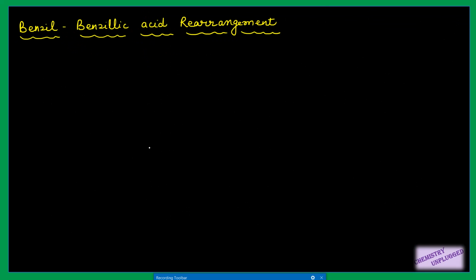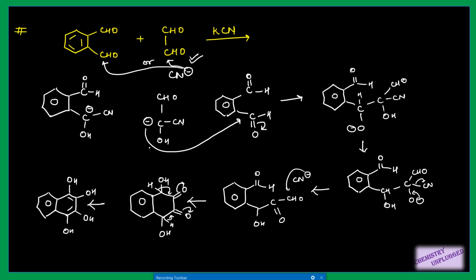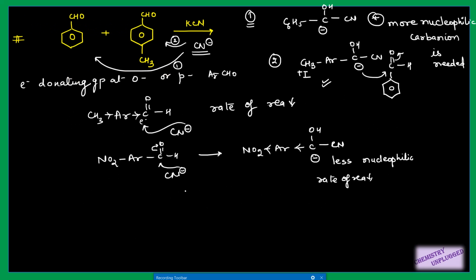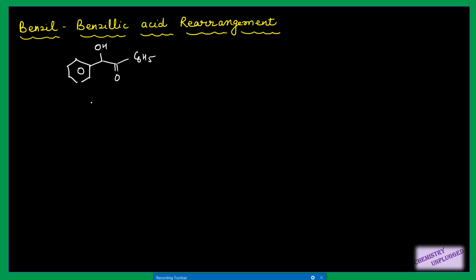Then we will have the benzilic acid rearrangement. In benzoin condensation, what we have seen is that whenever we use an aromatic aldehyde, we generate this type of molecule, right? What we are getting here is called benzoin. And if you oxidize it using an oxidizing agent like MnO2, it will cause oxidation of this OH because it is close to this aromatic ring.